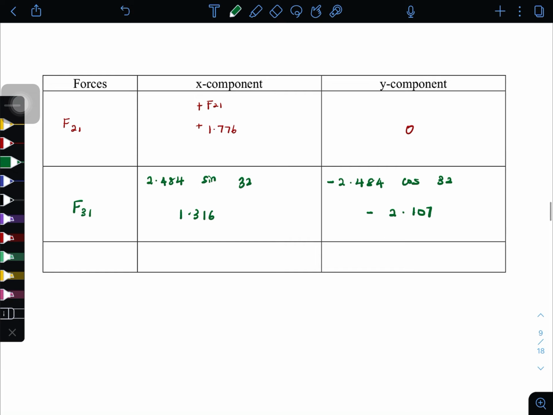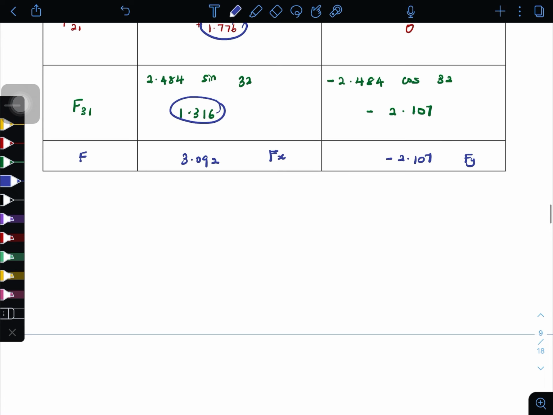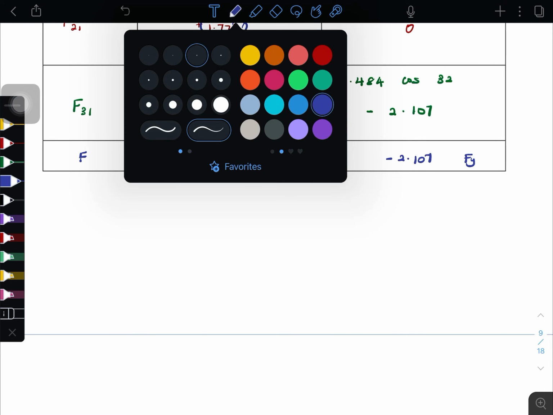So total up, kita akan dapat total force, yang ini tambah dengan yang ini, kita akan dapat 3.092, and this one akan dapat negative 2.107. So ini force in x component, ini force in y component. This is not the final yet, so we have to find the magnitude and the direction.